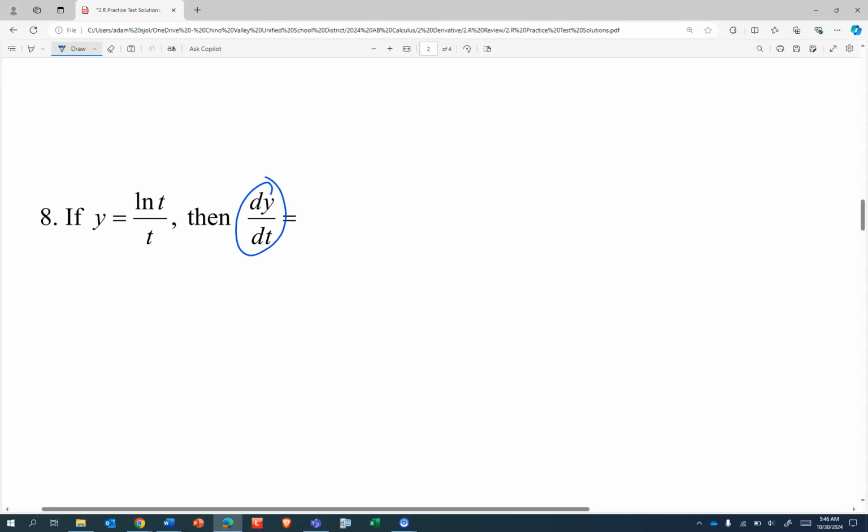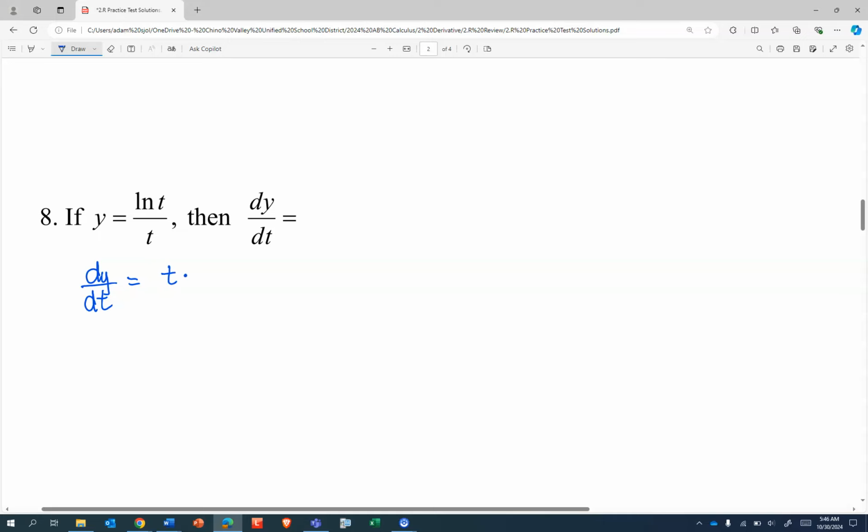Okay, so I was thinking implicit differentiation, but it's not. We're taking the derivative of y with respect to t. So I guess we're doing a quotient rule here. We can't really simplify at the beginning. I bet at least one of you writes dy dx.